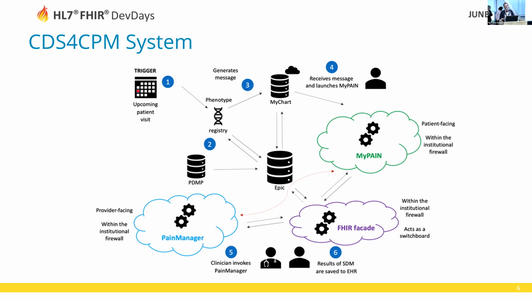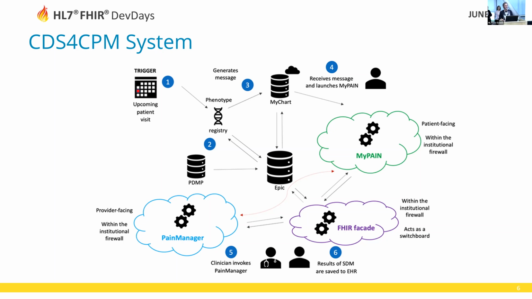So the architecture was to put a FHIR facade in place that stands in front of the FHIR server that's at the site. And for most things that are already supported, it's just pass-through. But if it's something that's not supported, it can provide additional capability. So in this case, when we posted the questionnaire response to that facade, it actually turns it into observations that can then be written back to the underlying FHIR server.